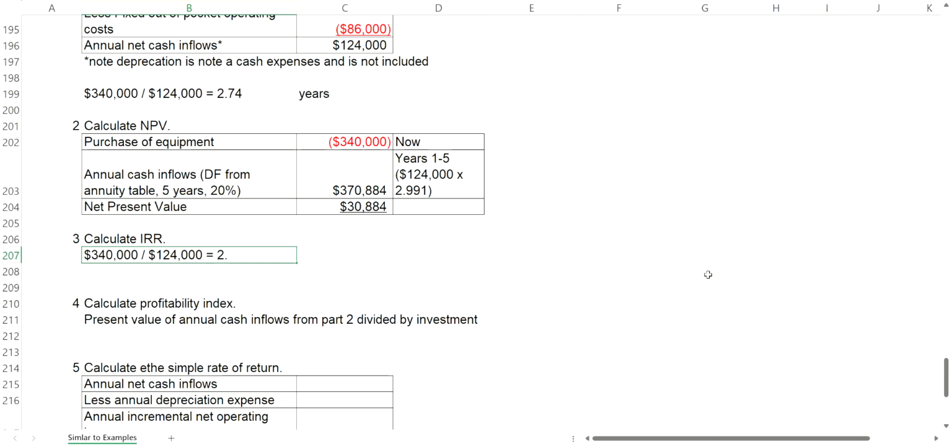And we come up with a discount factor of 2.742. Now this is a 5-year life, so we're going to go to the 5-year line on the annuity table and look for 2.742 or as close as possible, and then look up to see what percentage rate that is.